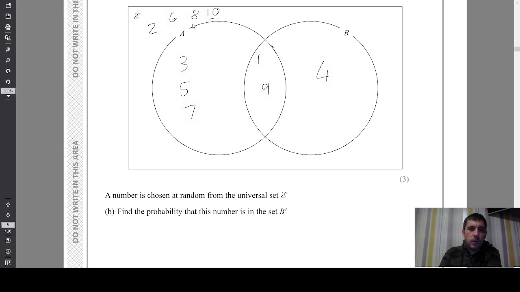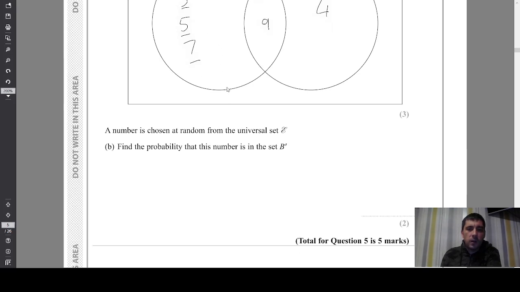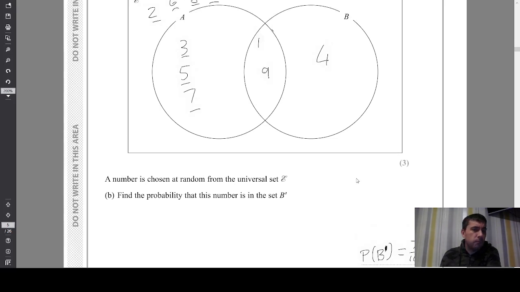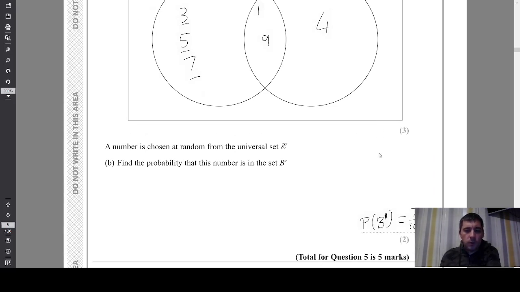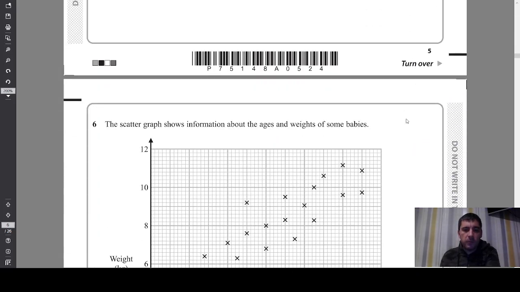I'm counting 1, 2, 3, 4, 5, 6, and 7 out of 10. So 7 out of 10 are outside of set B. So that's it. So the probability of a number being outside of set B, putting the correct notation, equals 7/10. And of course you can put it as a percentage if you want, or as a decimal. That's entirely up to you. Okay, so that's 15 marks altogether, if I'm not mistaken.